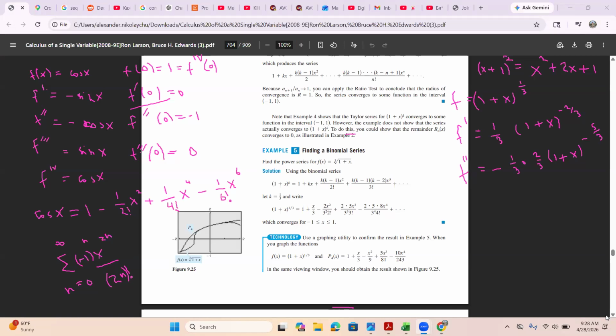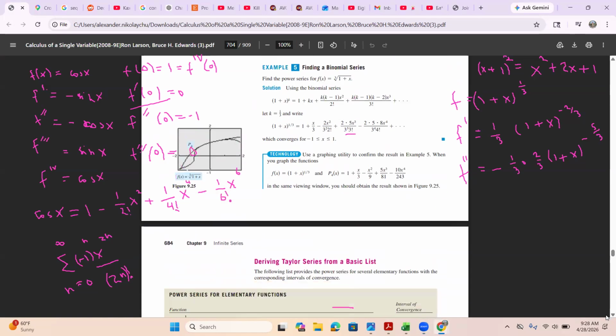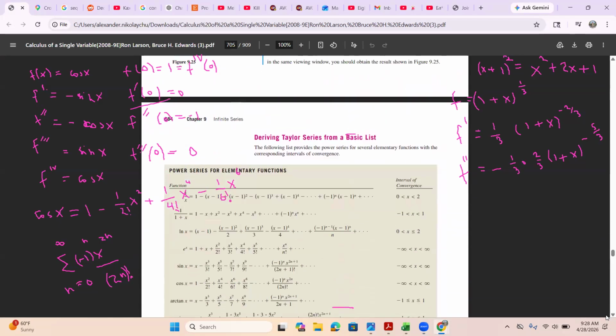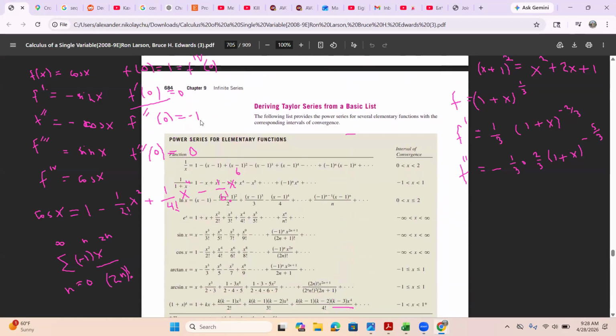You don't care what it is as long as you can differentiate it, as long as it's a smooth curve. And here's the bunch of decompositions that they provide us with here. So here's sine, here's cosine, and so forth. And you can see various popular functions this section is talking about.